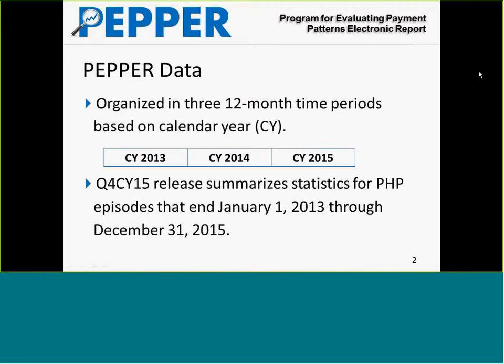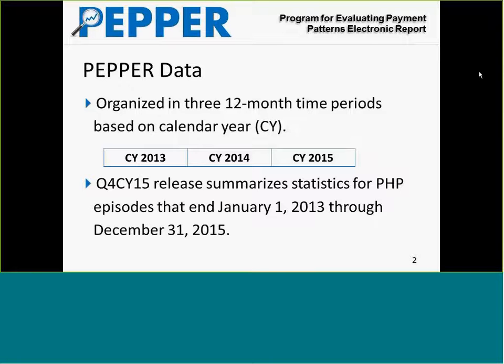When you look at your PEPR, you'll notice that the statistics are organized into three 12-month time periods based on calendar year. The calendar year runs January 1st through December 31st, and we organize those statistics into each of those three calendar years, based on the last day that the episode of care ends.